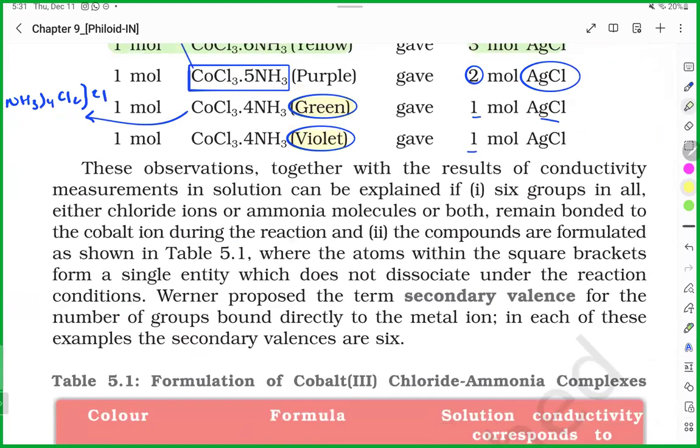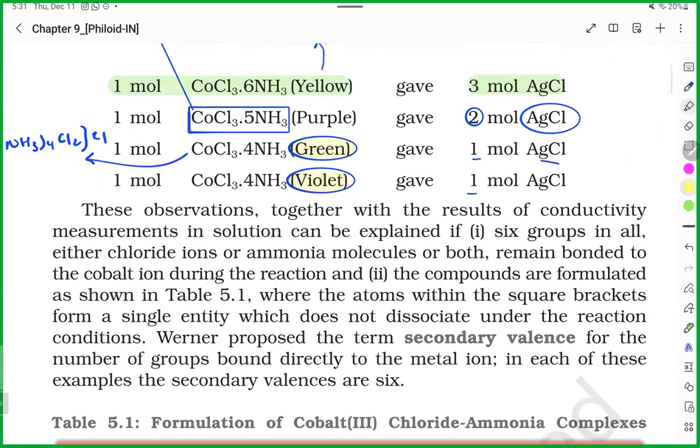So what was the benefit of doing this experiment? He got to know that in every case there will be a coordination number of six, correct? Whatever is present inside the bracket will not dissociate into ions.